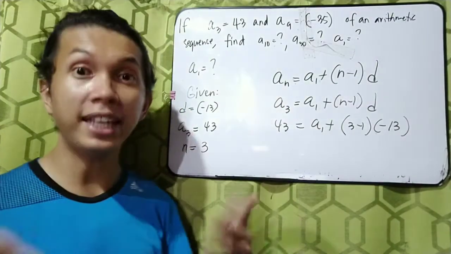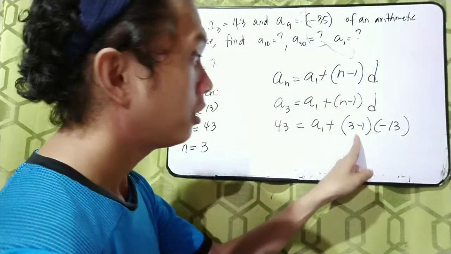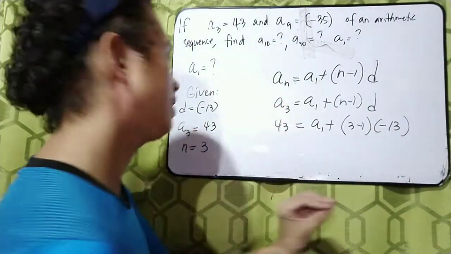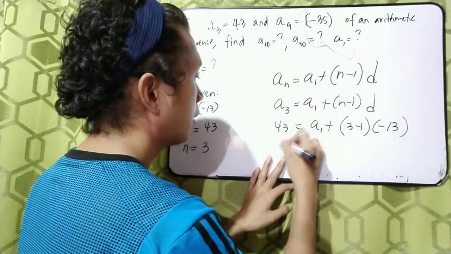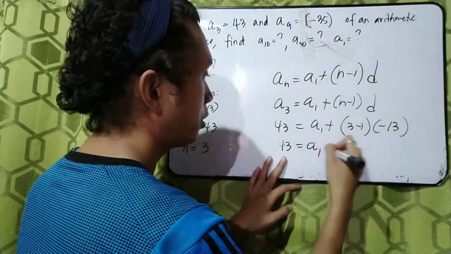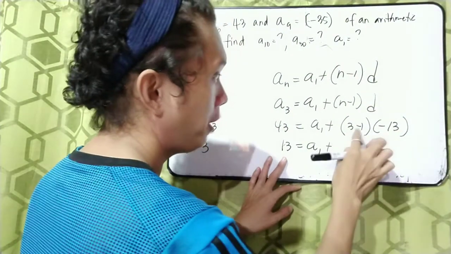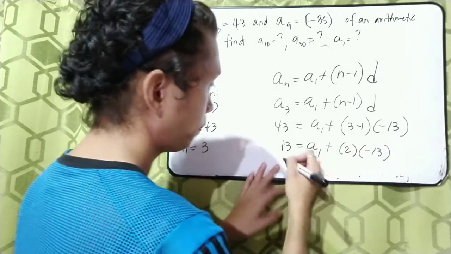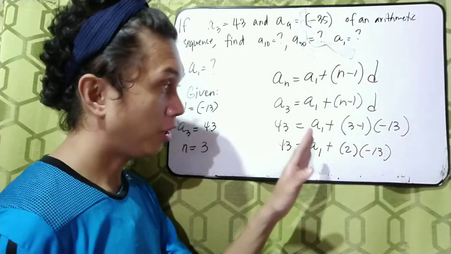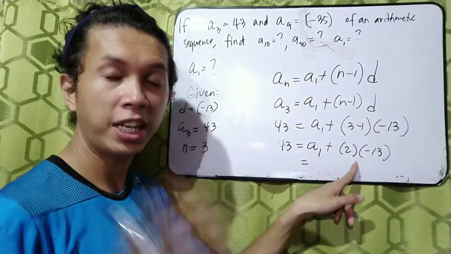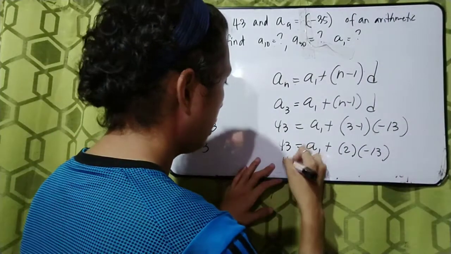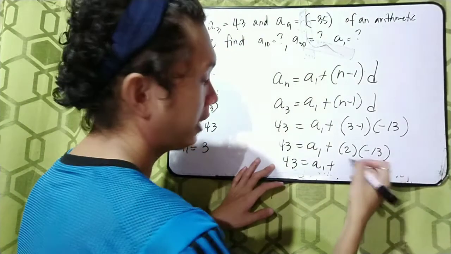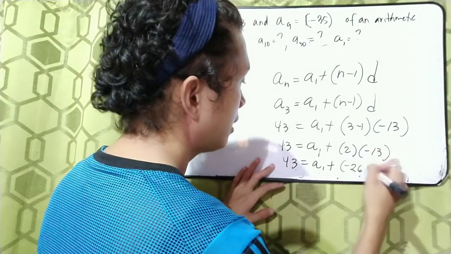Next thing to do is we are going to execute the operation here, 3 minus 1, because it's inside the parentheses, PEMDAS. 43, copy all those terms which are not affected. So 3 minus 1, that is 2, times negative 13. Since we have addition and multiplication, we do multiplication first. So copy a sub 1 plus 2 times negative 13, that is negative 26.